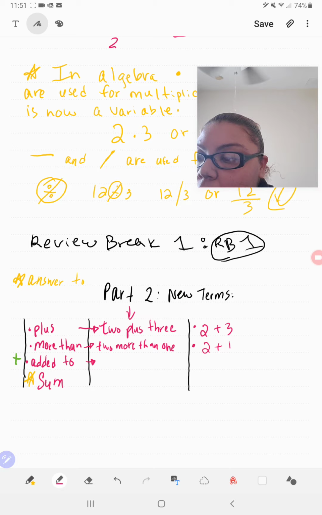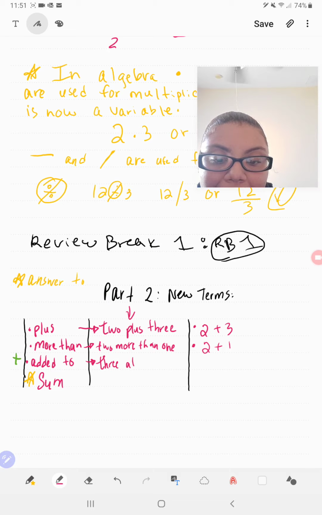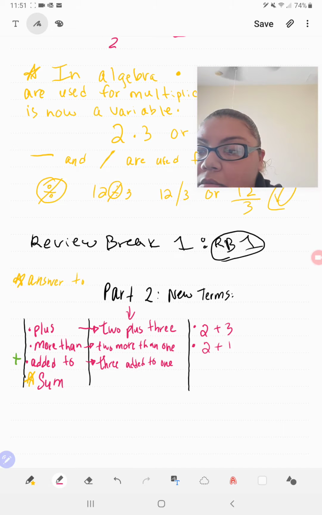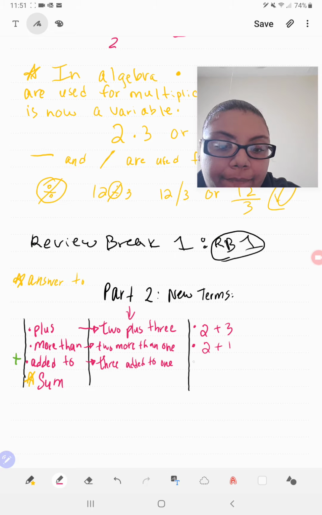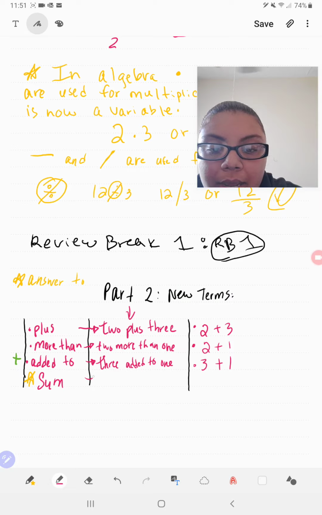Added to. 3 added to 1. So 3 added to 1. And then the sum.